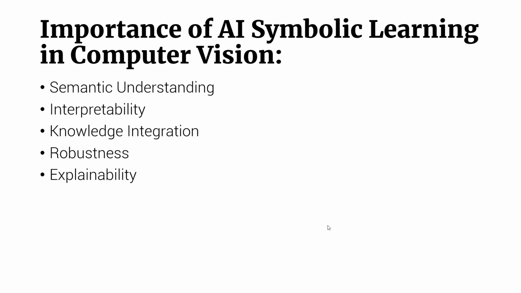When we say semantic understanding, symbolic learning helps in understanding the semantics of visual content, enabling more accurate interpretation of images. So here, computer vision with the aid of AI understands the visual content so that it can give a more accurate interpretation of images. Okay? So that's semantic understanding.